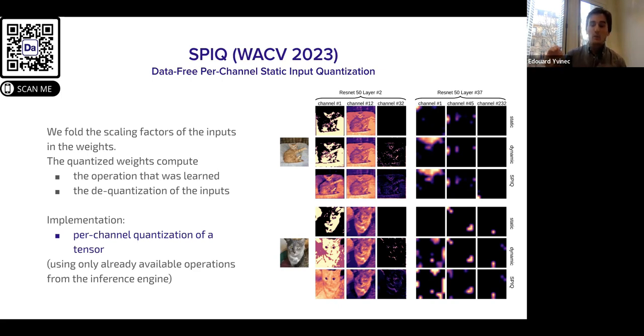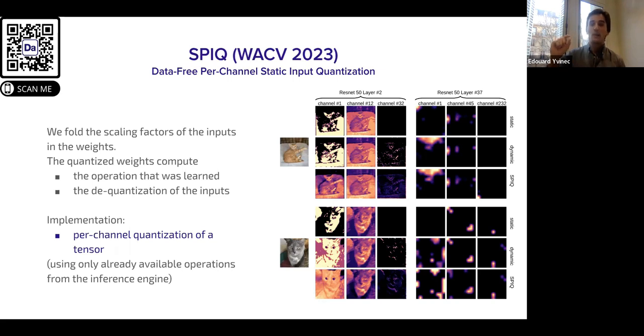And I want to put the emphasis on the fact that some networks are very challenging to quantize, especially EfficientNets, for instance, or MobileNet v3. One of the reasons would be the SiLU. The SiLU has a negative slope that is very small.